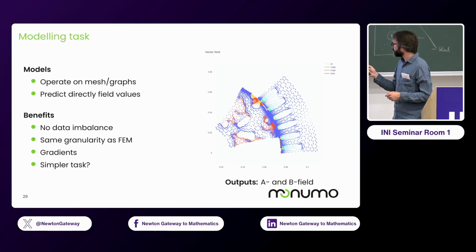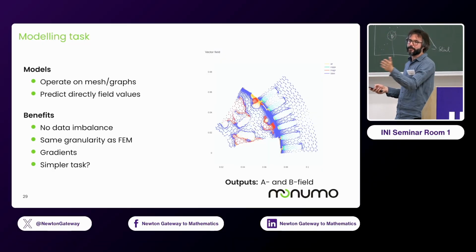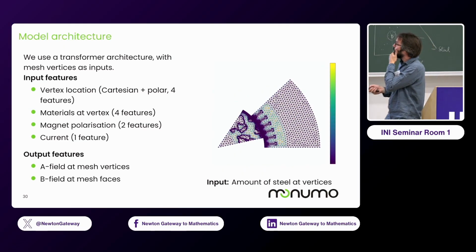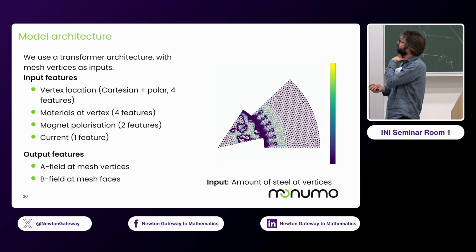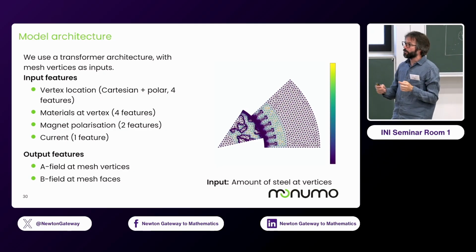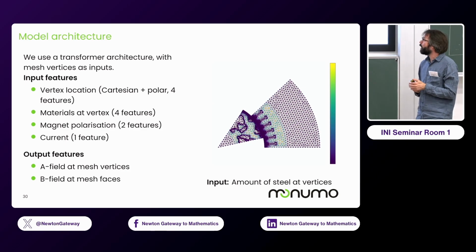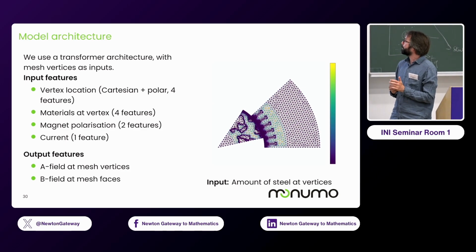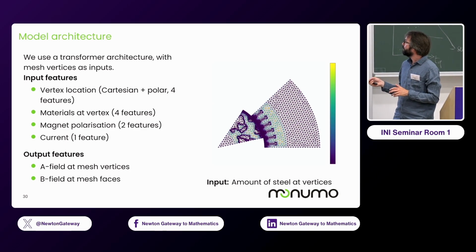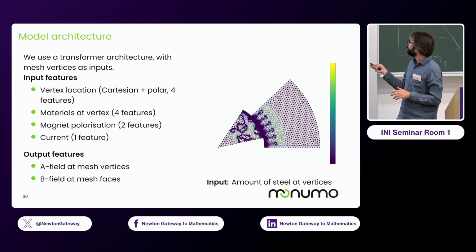The output we want to predict is A, and from A we can derive the other quantities we care about, including the B field, the magnetic flux density, which is just the curl of A that the model will predict. The model architecture is a transformer with 10 layers, pretty much an out-of-the-box model. We didn't make many changes to it. The input features will be all the vertices of this graph.